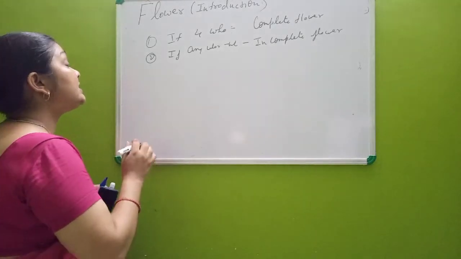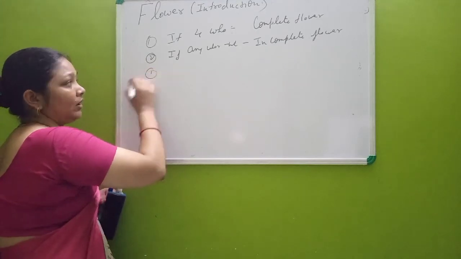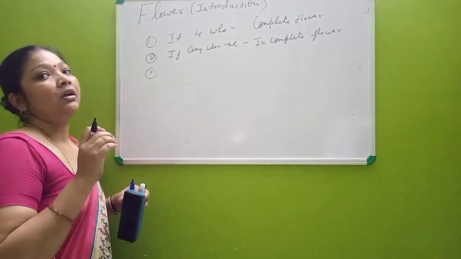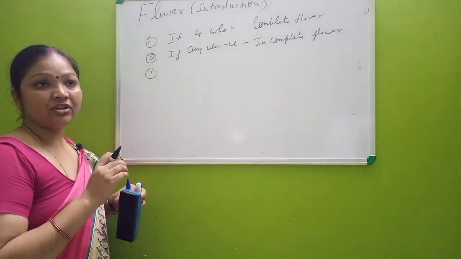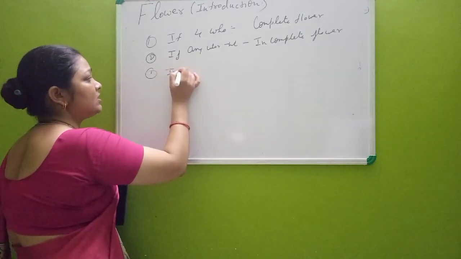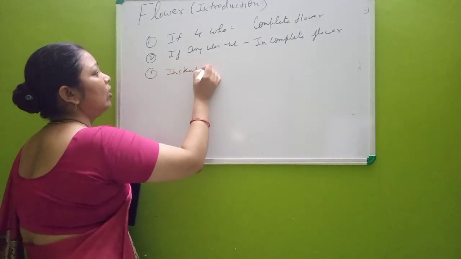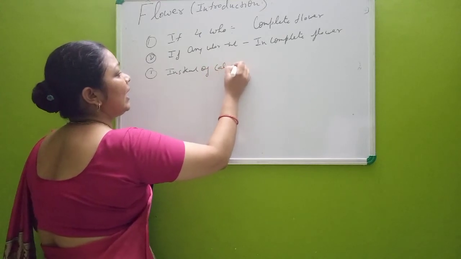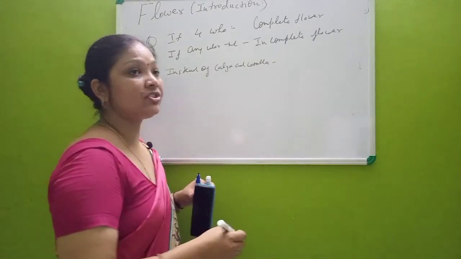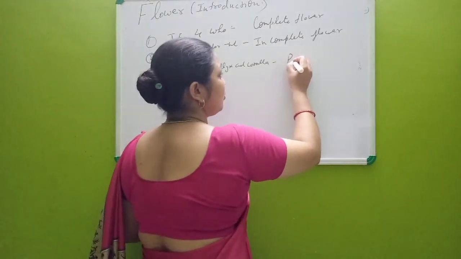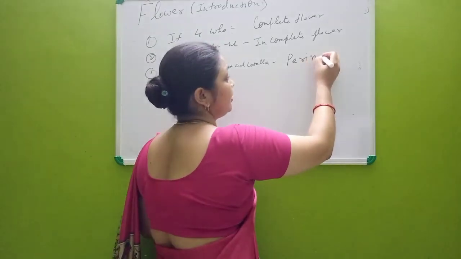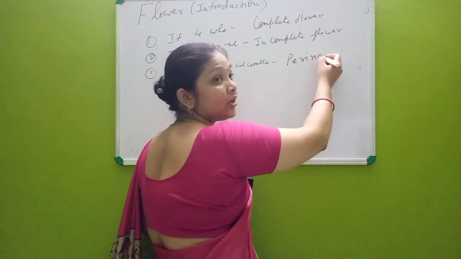Now sometimes, instead of calyx and corolla, a special structure is present that is called perianth.